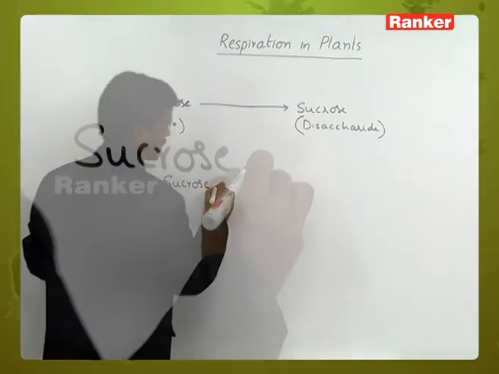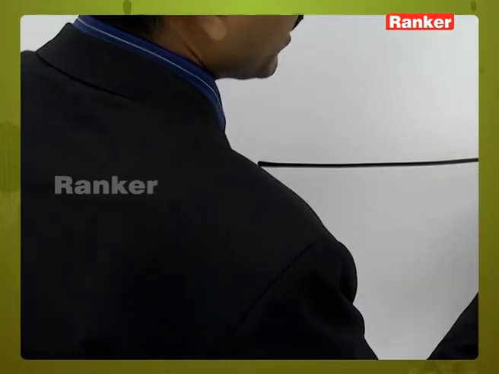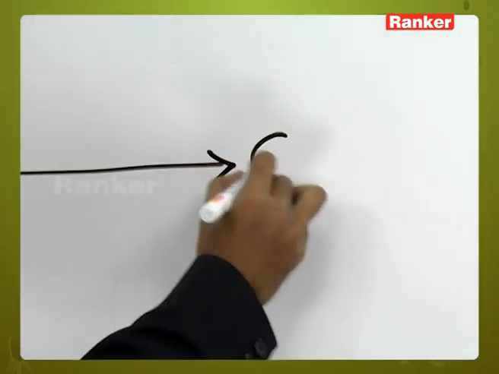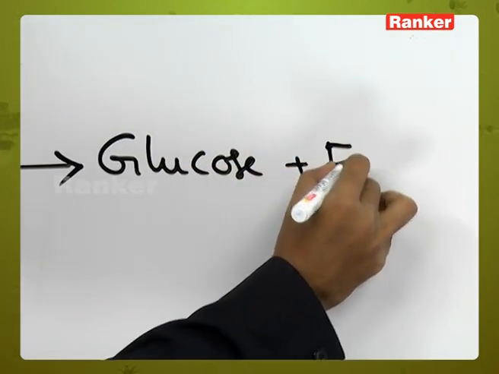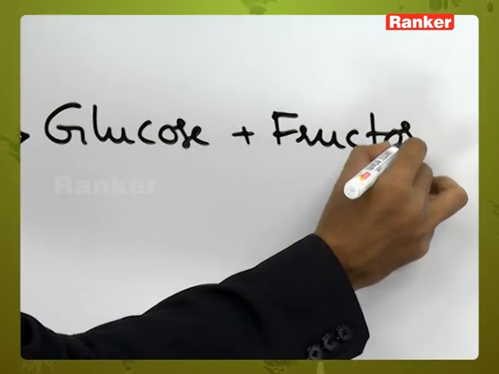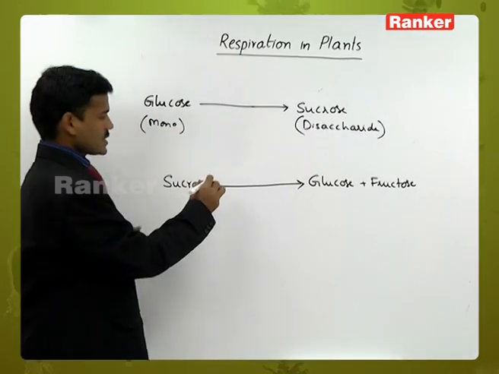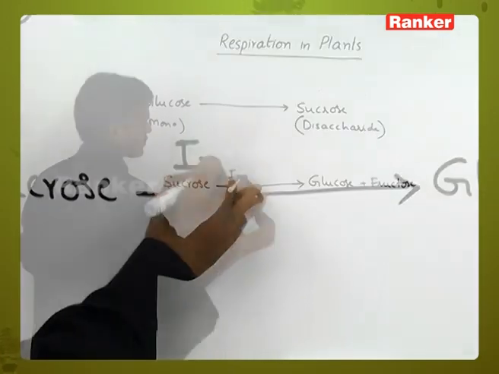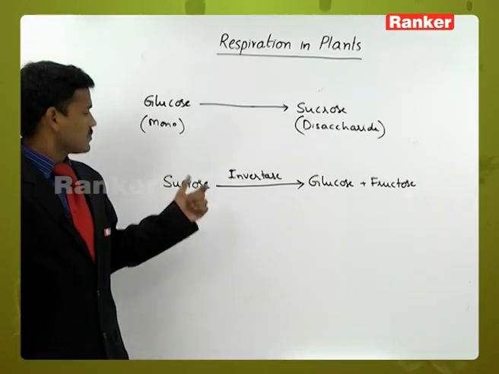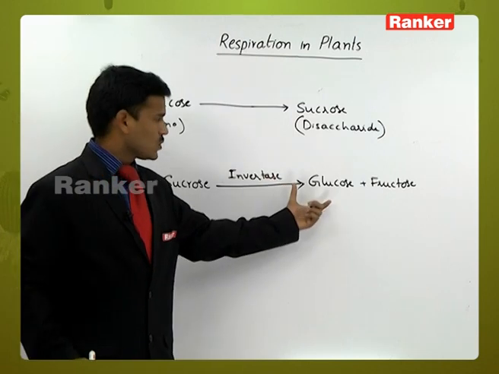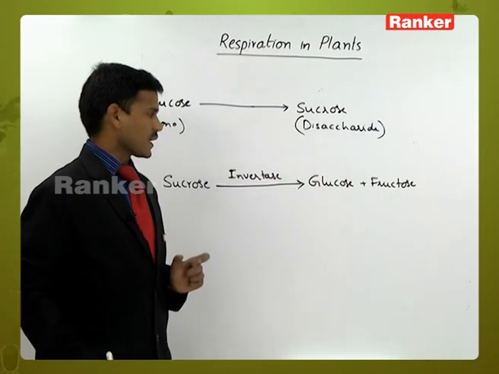This sucrose is split into glucose and fructose, which are monosaccharides, in the presence of the invertase enzyme. The disaccharide is converted into glucose and fructose.